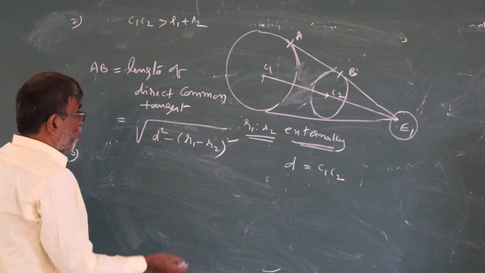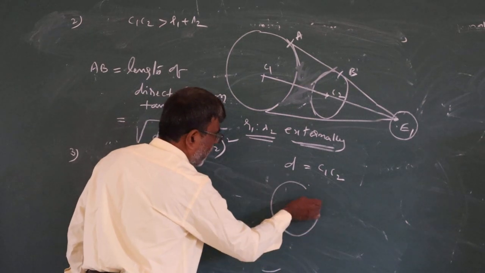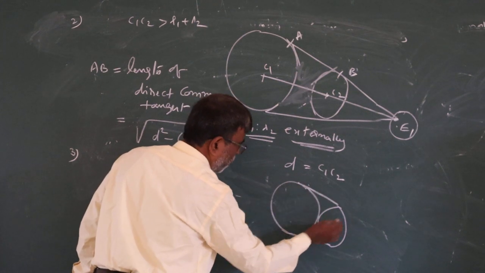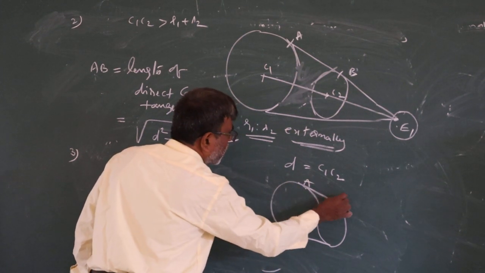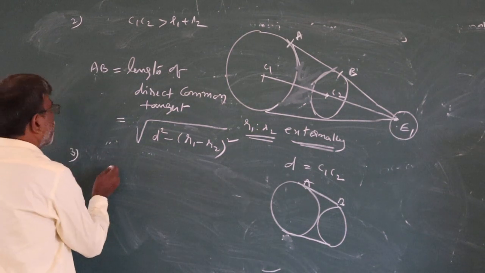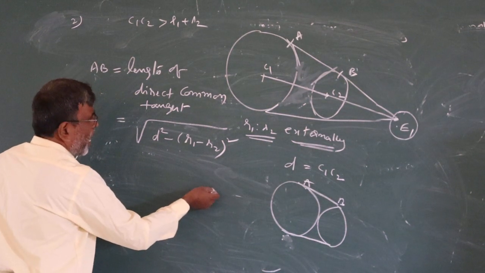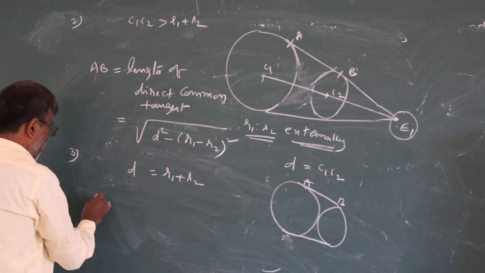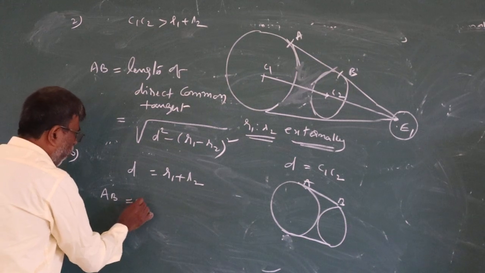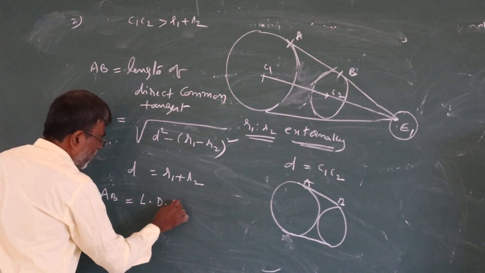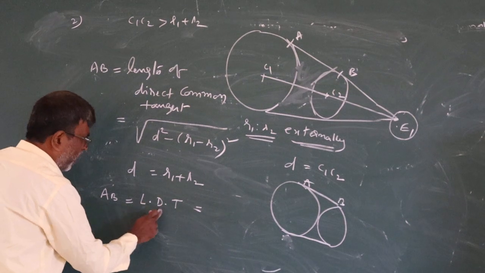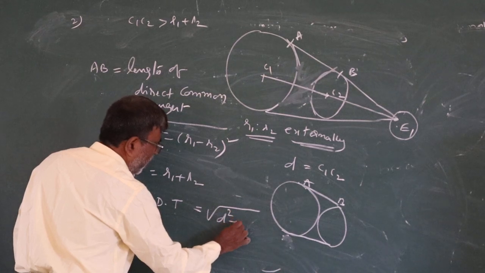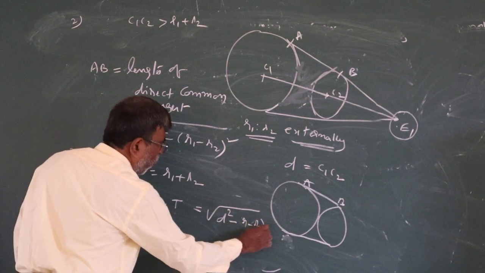Next shortcut. If the two circles touch each other externally, this is an important concept that is asked many times. In this case, d becomes R1 plus R2. Then AB, the length of the direct common tangent, is root of d square minus (R1 minus R2) whole square.